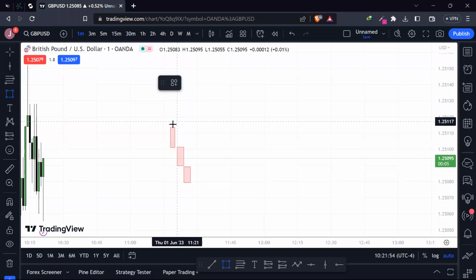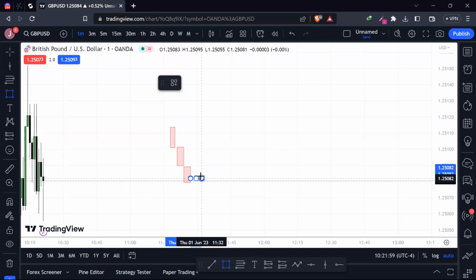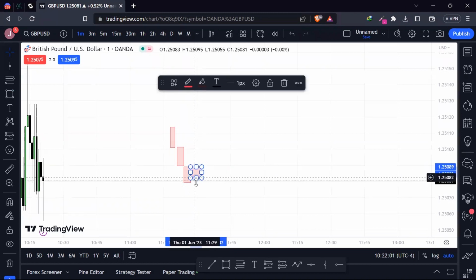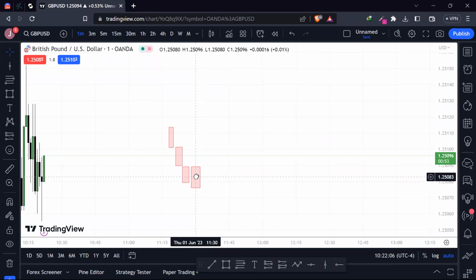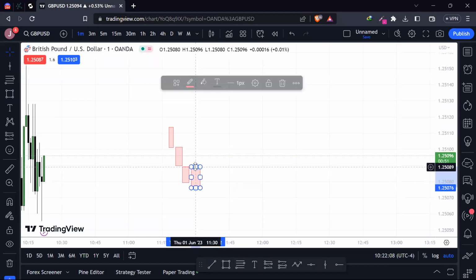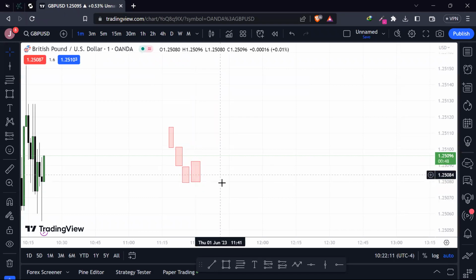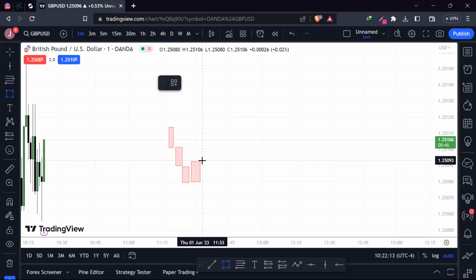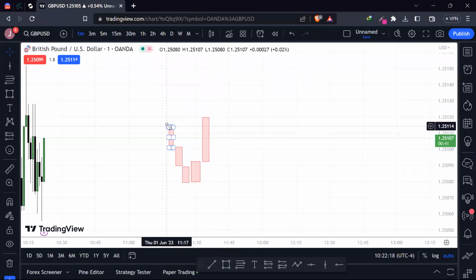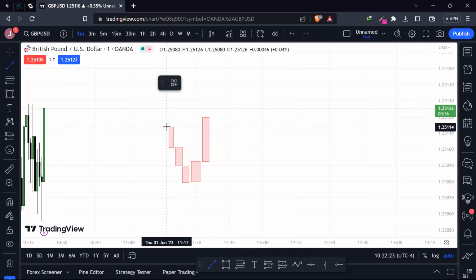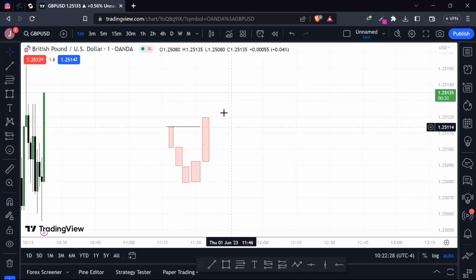Now there's a bullish candle here, and a candle with high pressure and displacement forms, which takes out all these three candles and creates a shift in market structure.